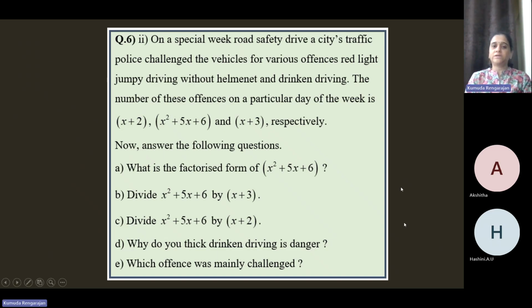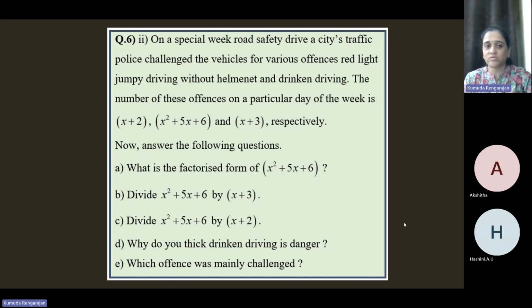On a special week, a road safety drive, a city's traffic police challenged the vehicles for various offenses. Like red light jumping. Okay, you trespass the signal.